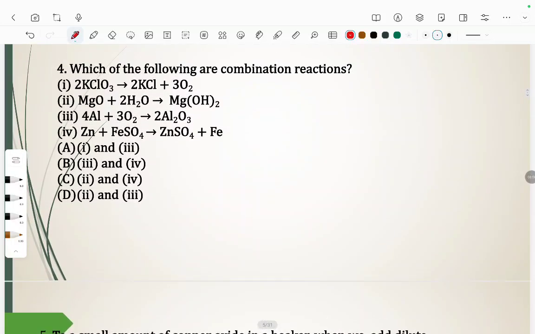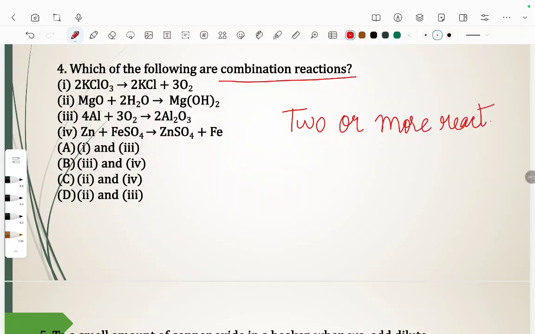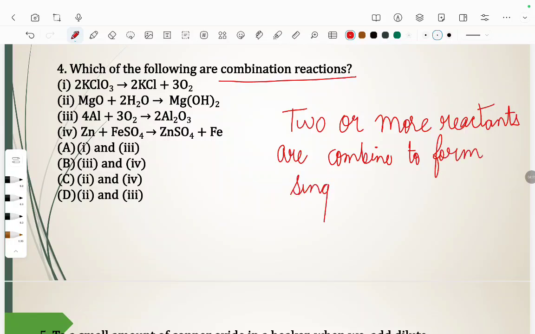Which of the following are combination reactions? You know what combination reactions are? When two or more reactants combine to form a single product, it is known as a combination reaction, and you can clearly see that in the second and third parts.